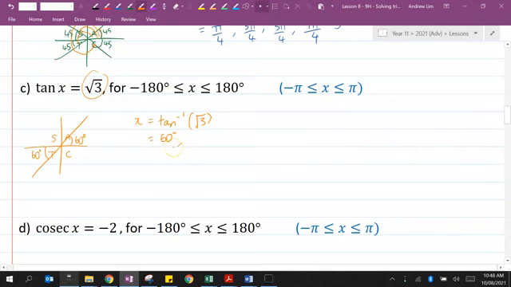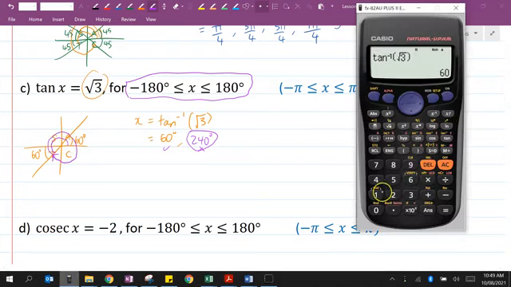So technically it's 60 and 180 plus 60 is 240 degrees. However, our domain's from negative 180 to 180. That one fits, but this one doesn't. So what we want to do is take this number and minus 360 degrees, one full revolution, because if we were to go backwards 360 degrees, we'll go back to its exact same spot.